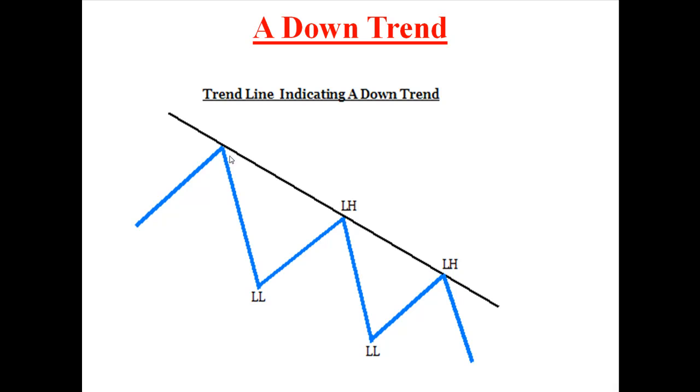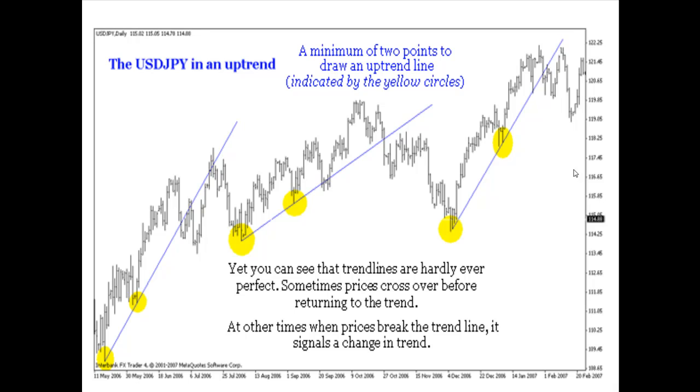So what you do, you join these two points together and draw a straight line, and this line works as a resistance. Okay, it's not letting the market go up, so this is resistance, and we will touch on that subject later on. So this is how you identify the trend by trend lines.